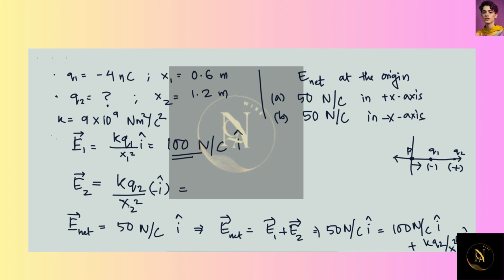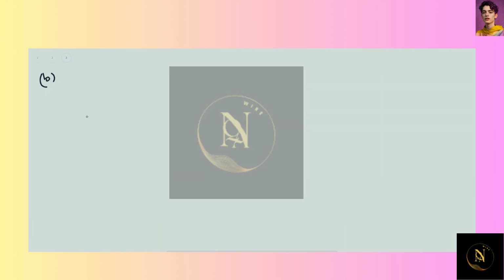Only the sign and the magnitude of Q2 will change. So this is where the first part starts because E1 and E2 are the same. And again, let's consider the sign of Q2 to be positive so that the direction of E2 at point P is in the negative x direction and therefore negative i cap over here.